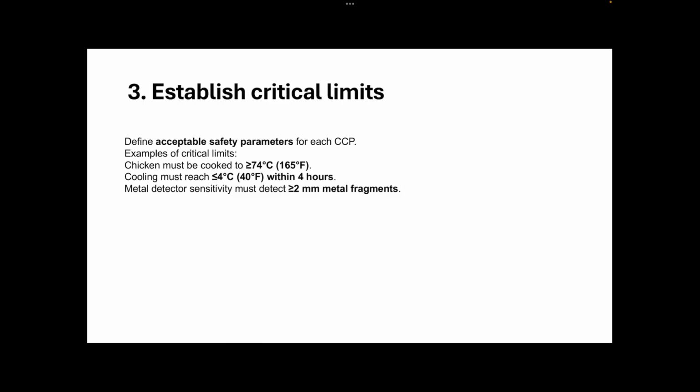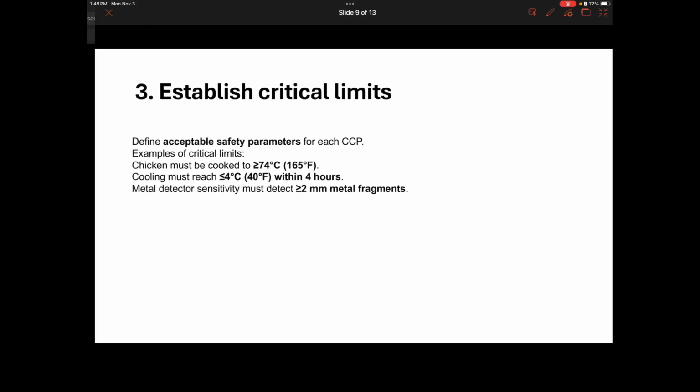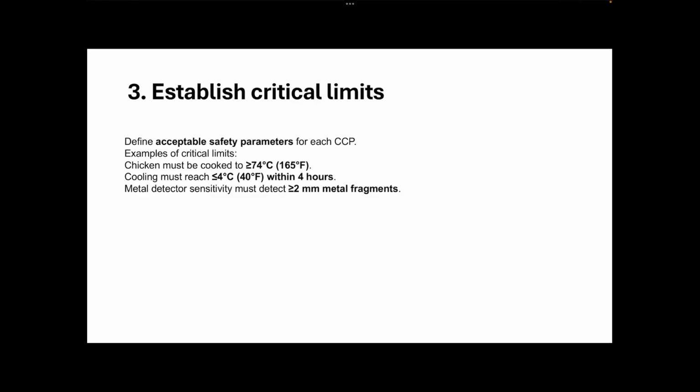Now, another thing that is very important for a critical control point to have is that it should be measurable. Because what you're doing with a critical control point, you're saying, okay, this step is a CCP, let's say cooking the burger. It's a CCP, obviously.